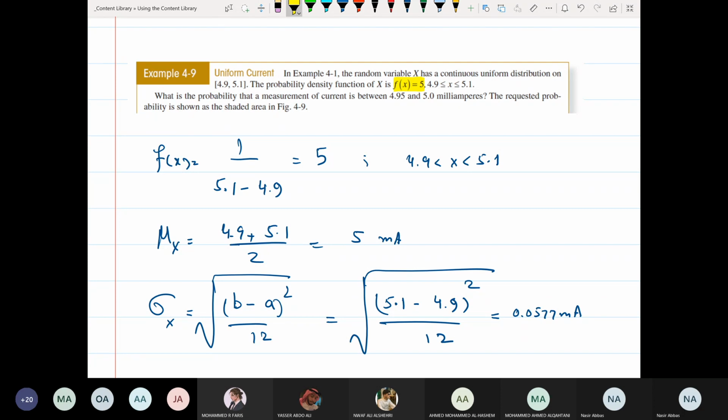The uniform distribution has another name. It's called rectangular distribution. It has a shape like a rectangle.